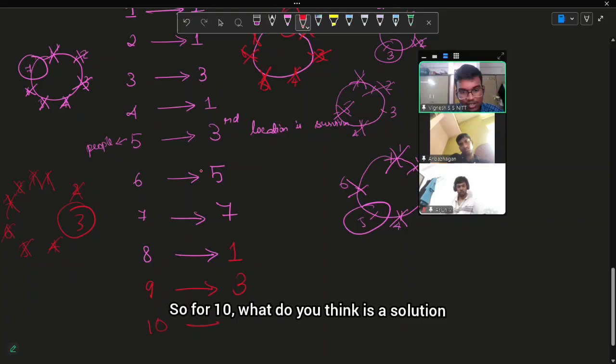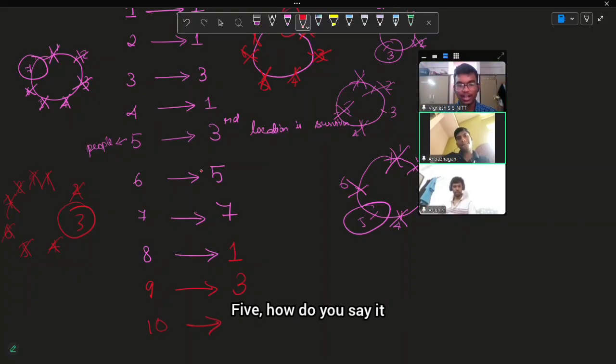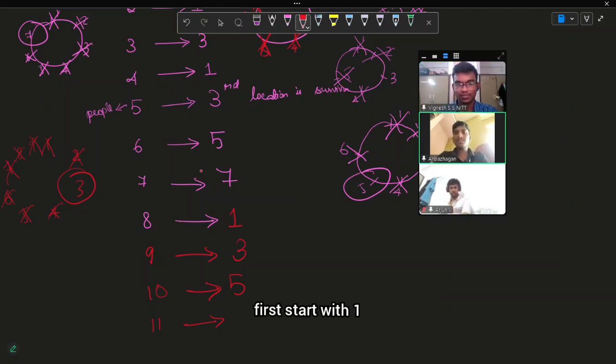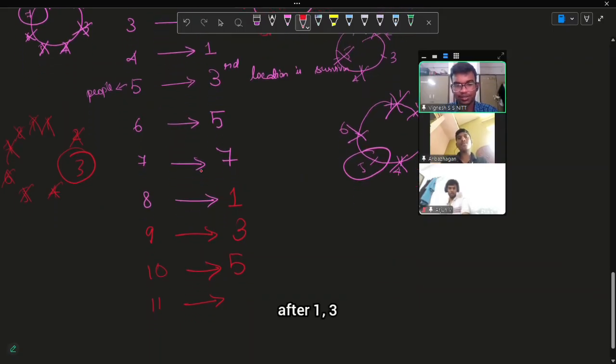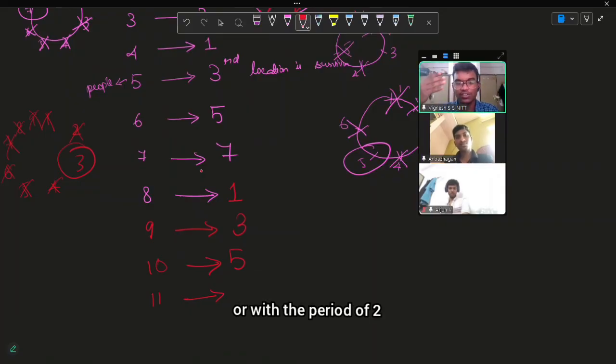So for 10, what do you think is the solution? 5. How did you say that? Can you explain? In the previous case, first start with 1, next 1, 3, next 1, 3, 5, 7. So it is going in odd numbers with a common difference of 2.